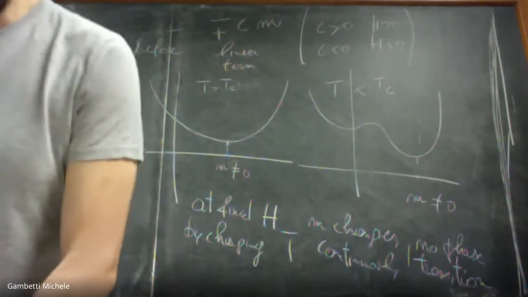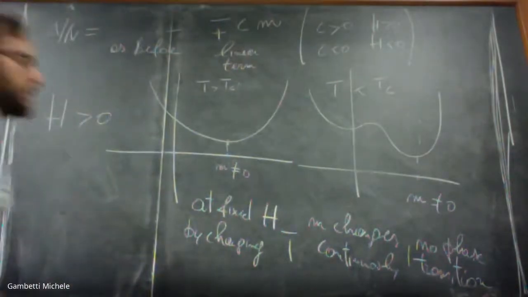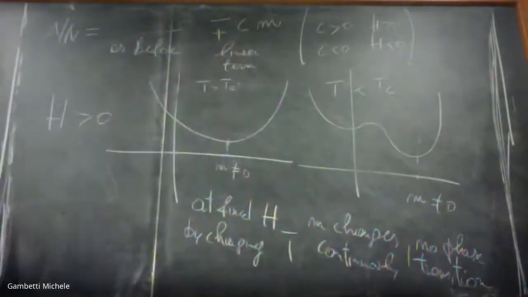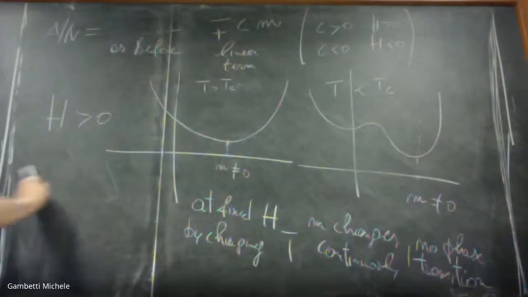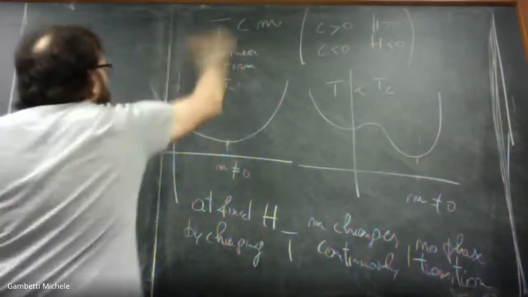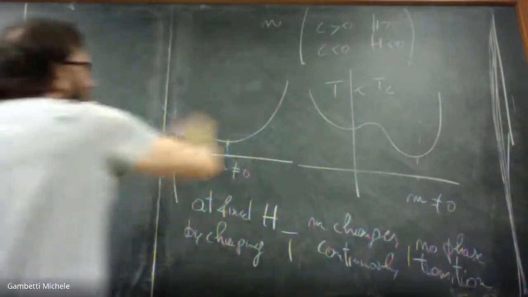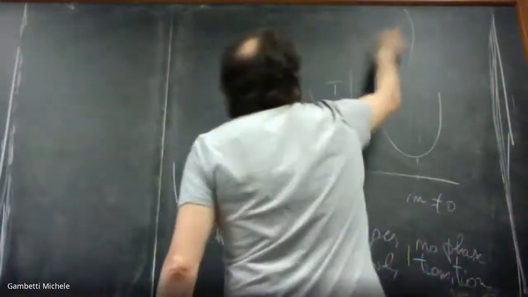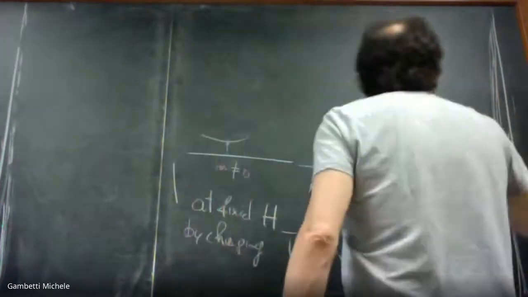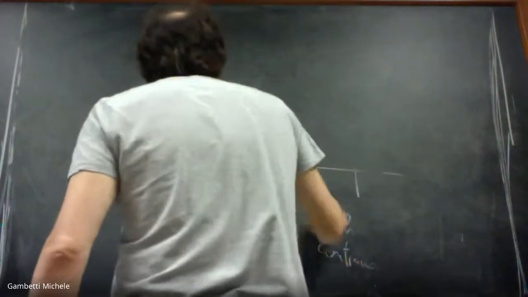Okay. Now let me put some definition in here. So this m is an example that will be generalized in the Landau-Ginzburg theory. What is called an order parameter.